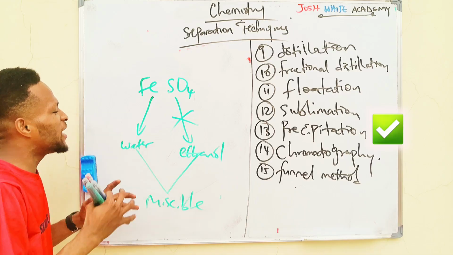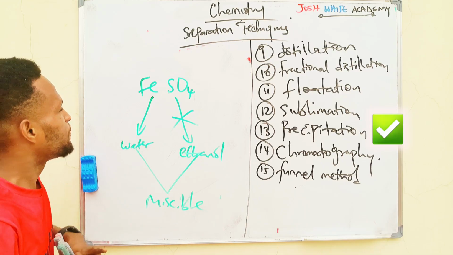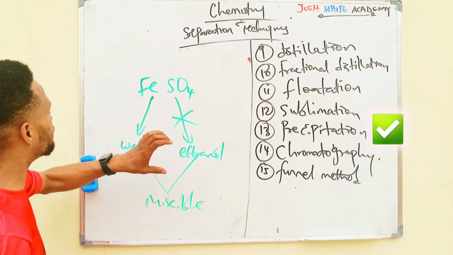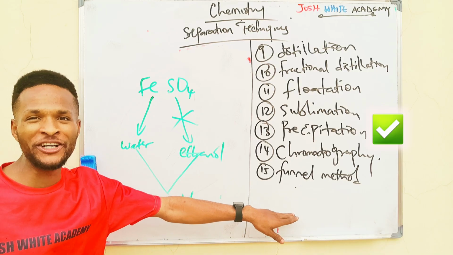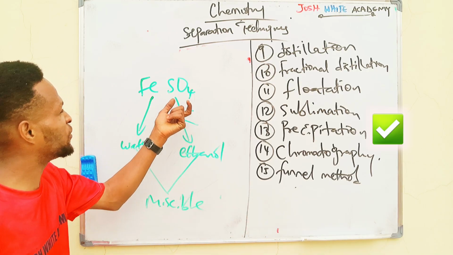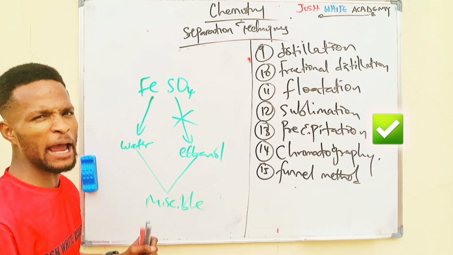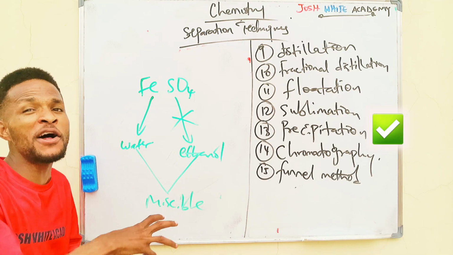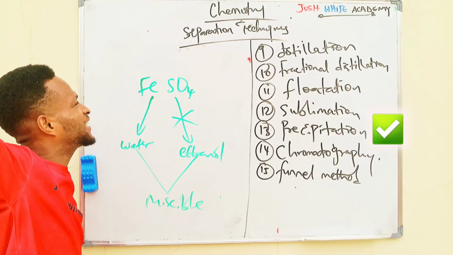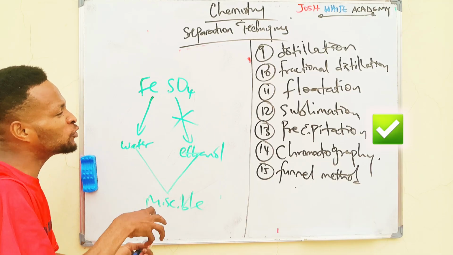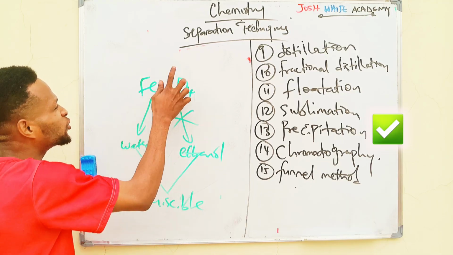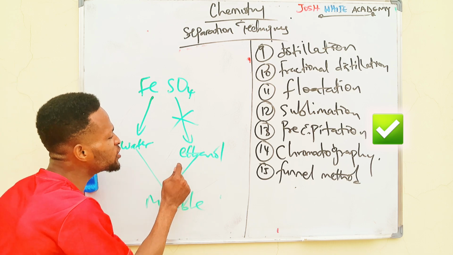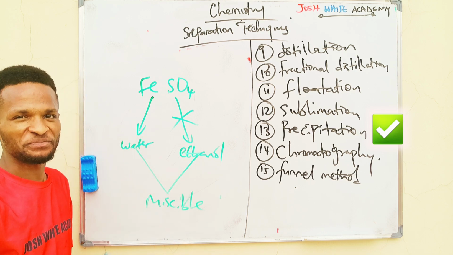So, if we have a solution of iron sulfate in water, like the one we mentioned before during crystallization, iron sulfate heptahydrate, it has water, and we want to form a solid of iron sulfate, all we need to do is to put ethanol into that solution.